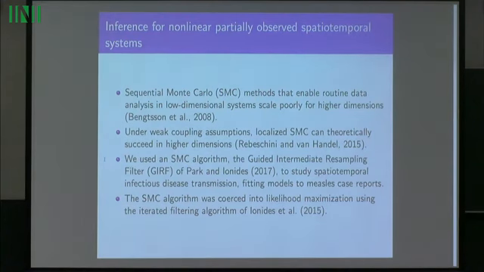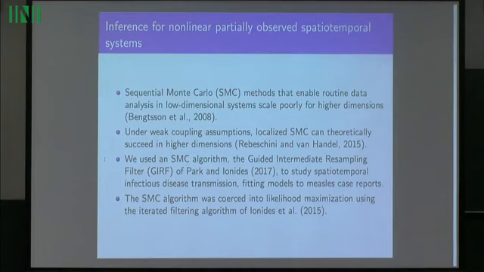Okay, I promised to talk a bit about partially observed spatiotemporal systems too, and I guess the main general point here is that this is another thing of interest that challenges currently available methodology.